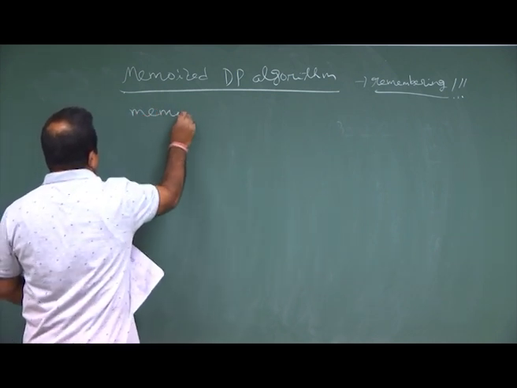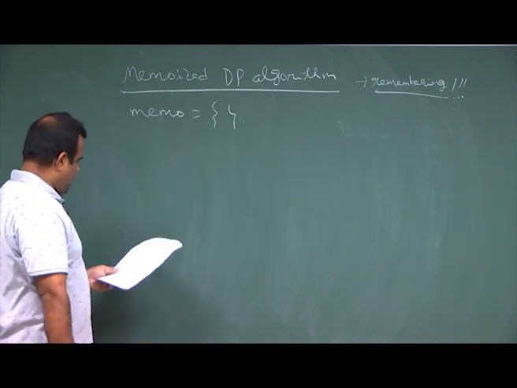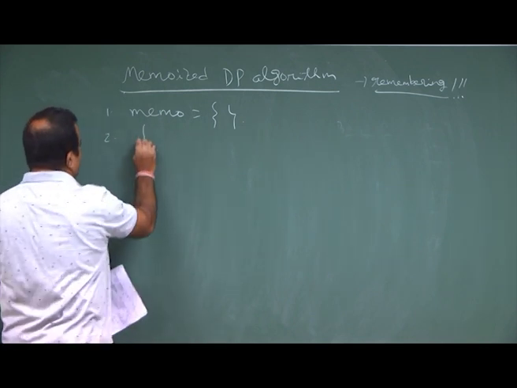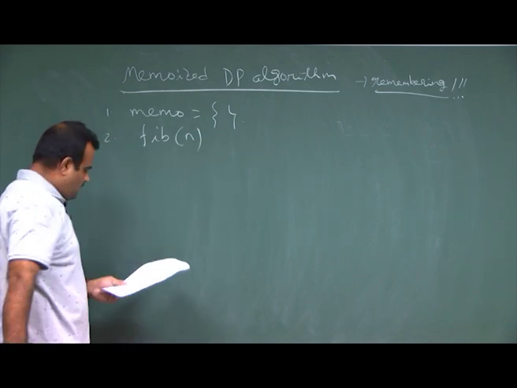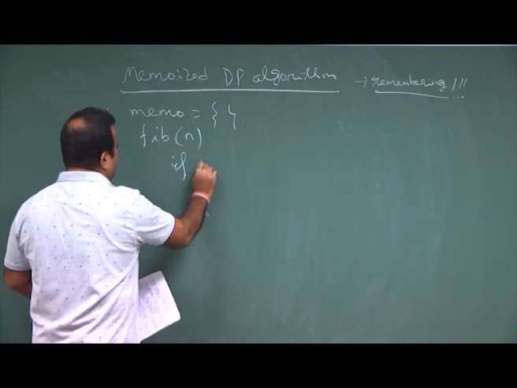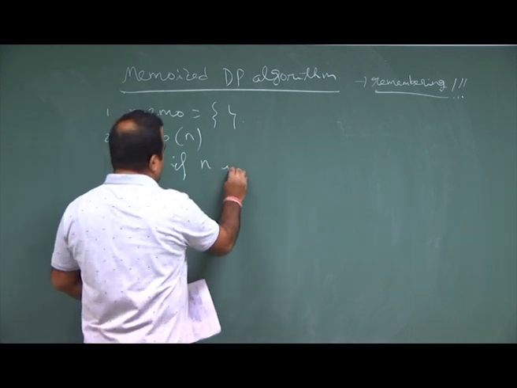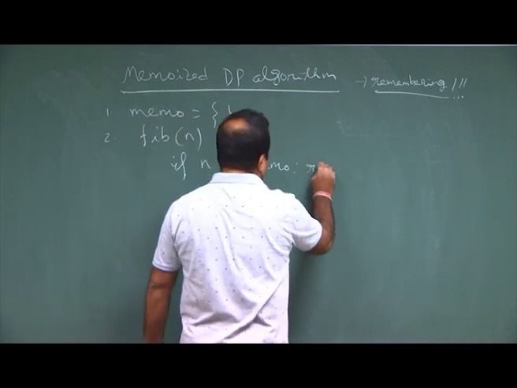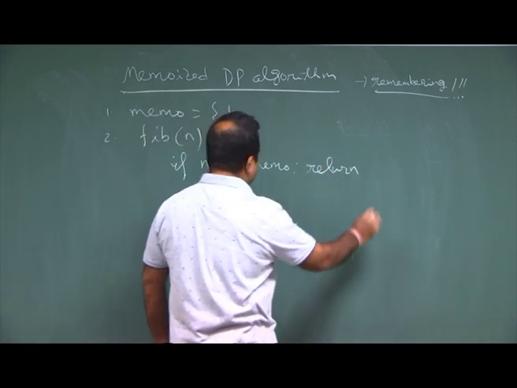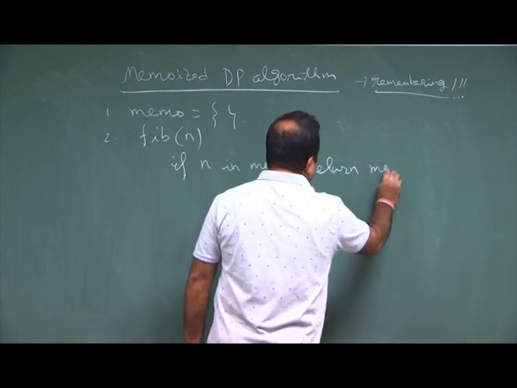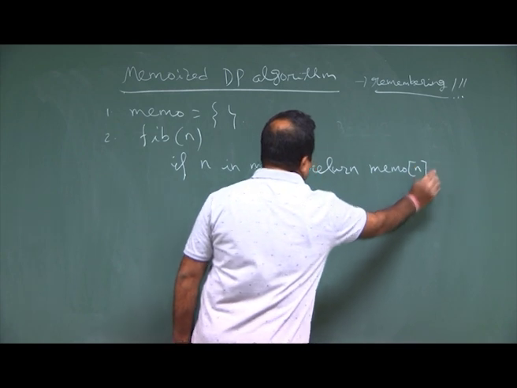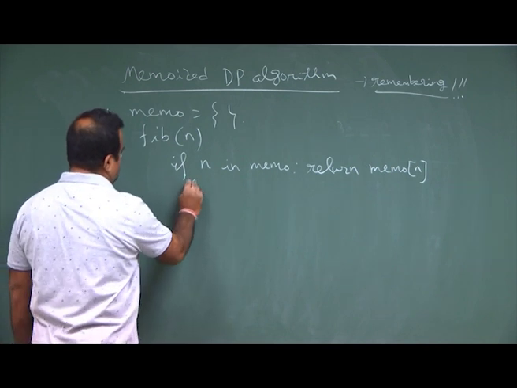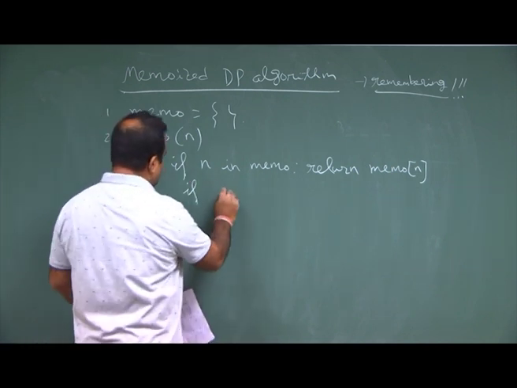So, suppose this is our dictionary which is empty initially, and say this is the code, and now we are computing fib of n. Now, if n is in memo, then we return memo[n]. So, this is just a kind of table lookup we do. Else, the code is similar to earlier, this is the recursive call.